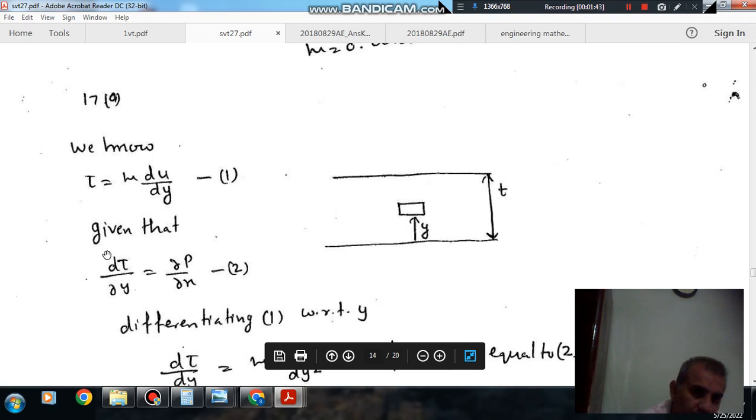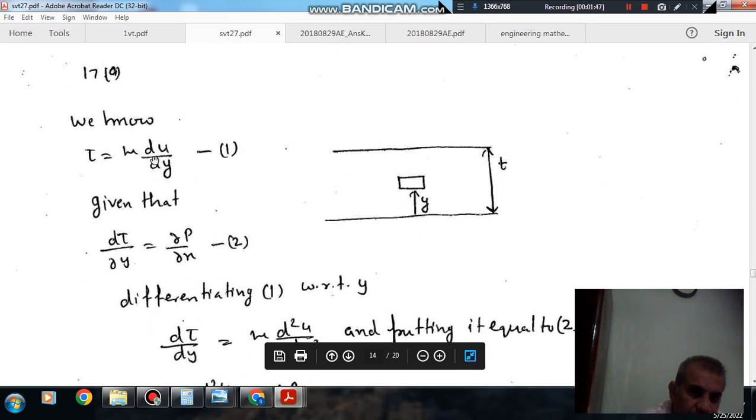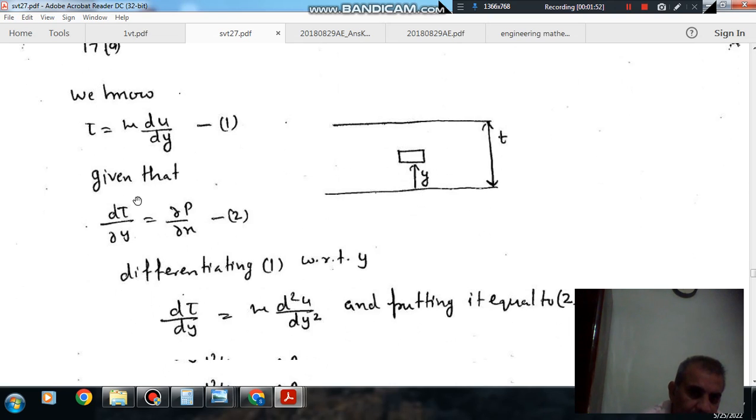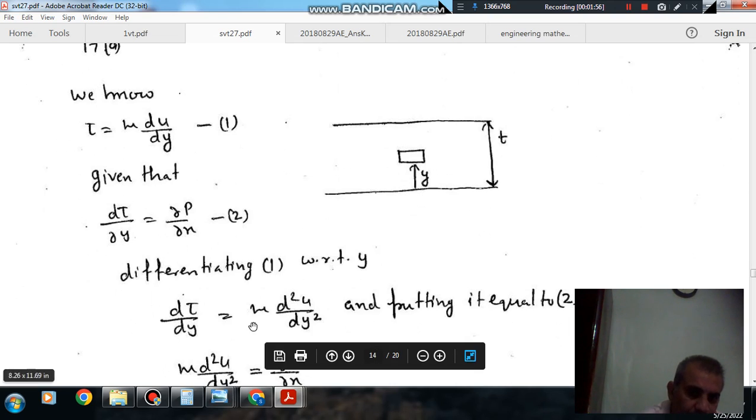It is also given that ∂τ/∂y = ∂p/∂x. Now differentiating this with respect to y, by partial differentiation we get ∂τ/∂y = μ ∂²u/∂y².